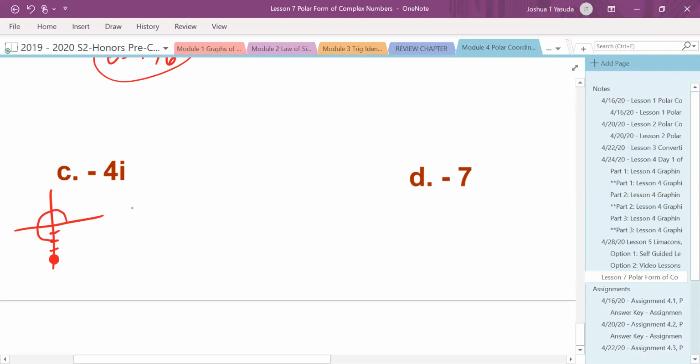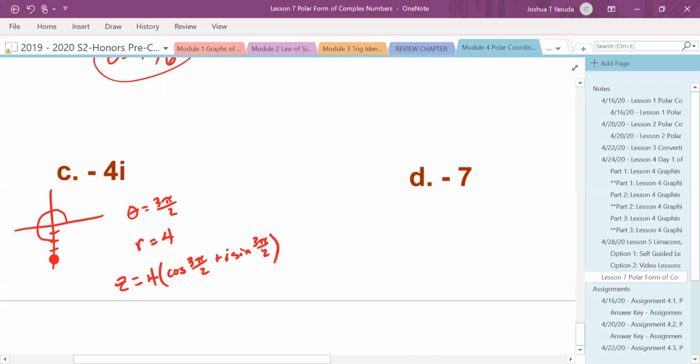So 3 pi over 2. So theta is 3 pi over 2. And the radius, since you're moving straight down, you can just count it, 4. So then you can say z equals 4 cosine of 3 pi over 2 plus i sine of 3 pi over 2.